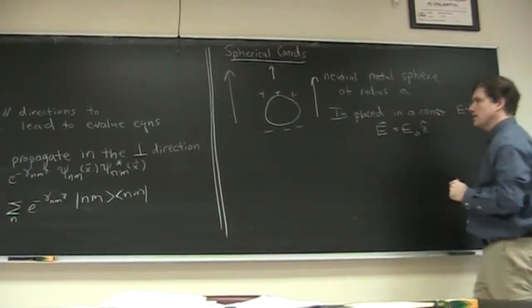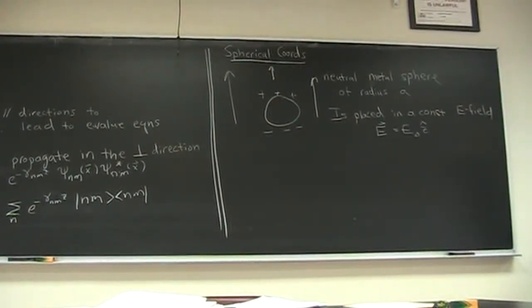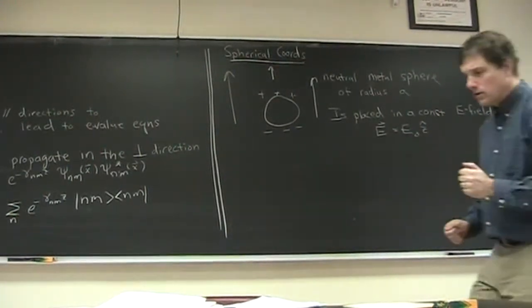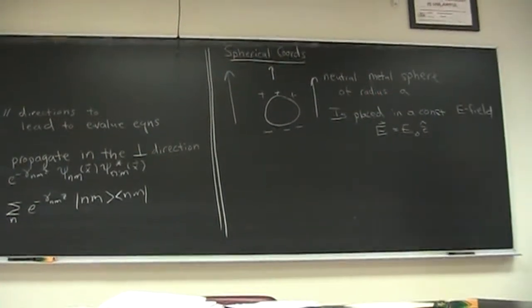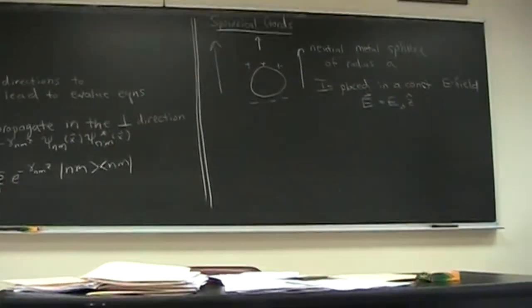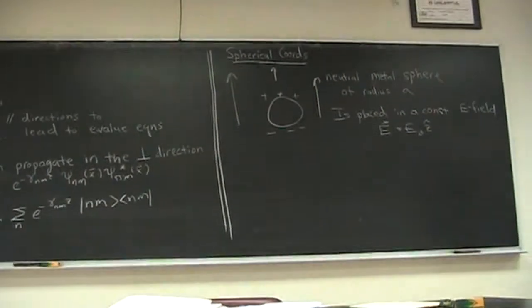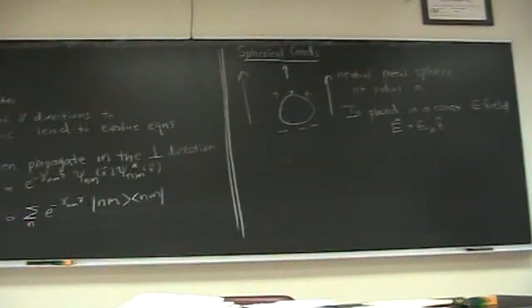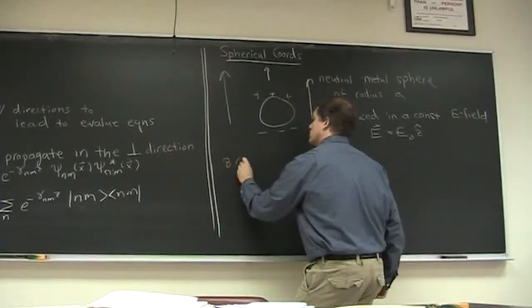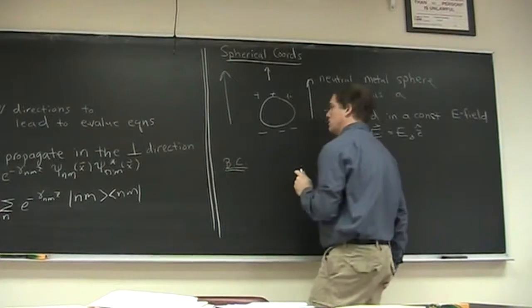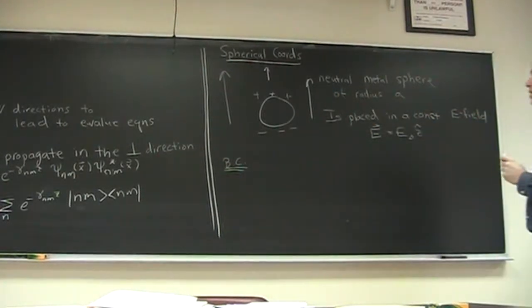So let's just do this problem together. First of all, we want to use separation of variables. But let's first state the boundary conditions that we have. The boundary conditions are twofold.